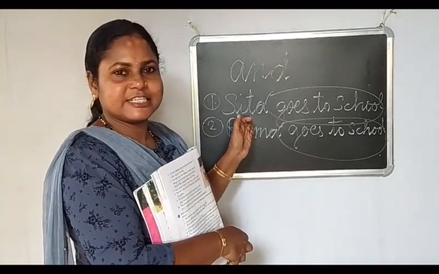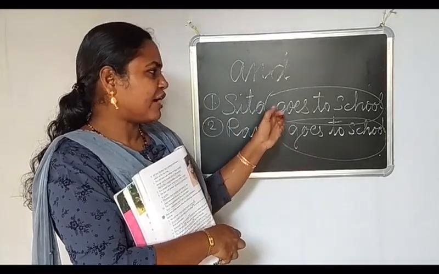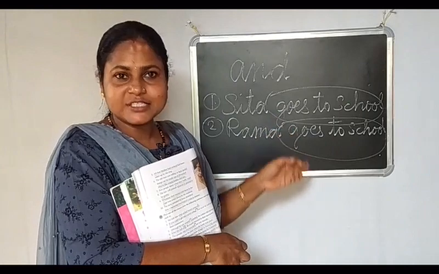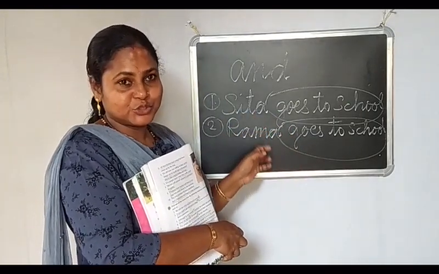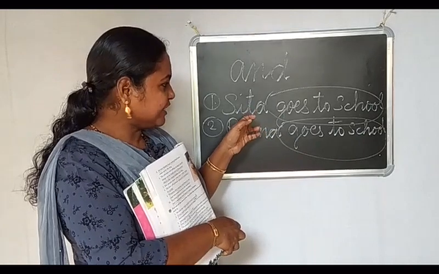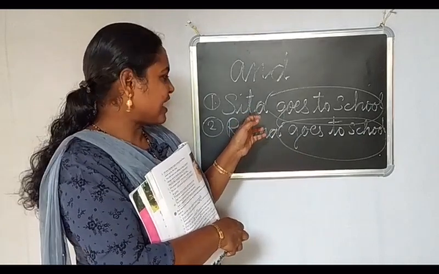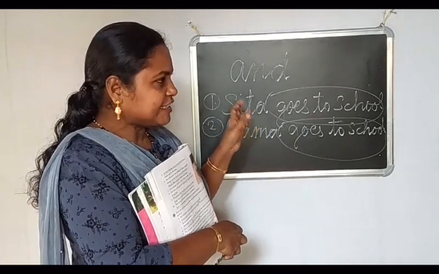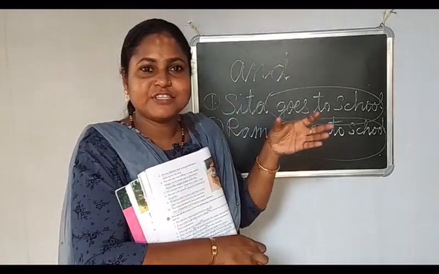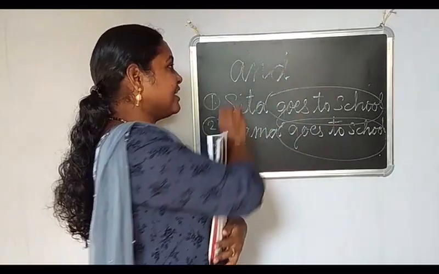These are the different things that we can find in these two sentences. Okay, so we can add these two together. In addition to Sita, we can add Rama also. In addition, that is the speciality of this conjunction and.